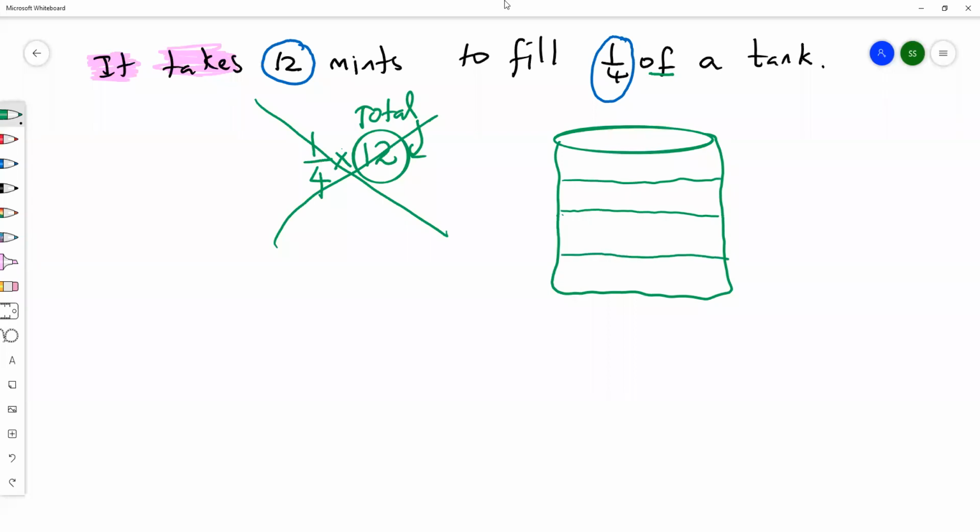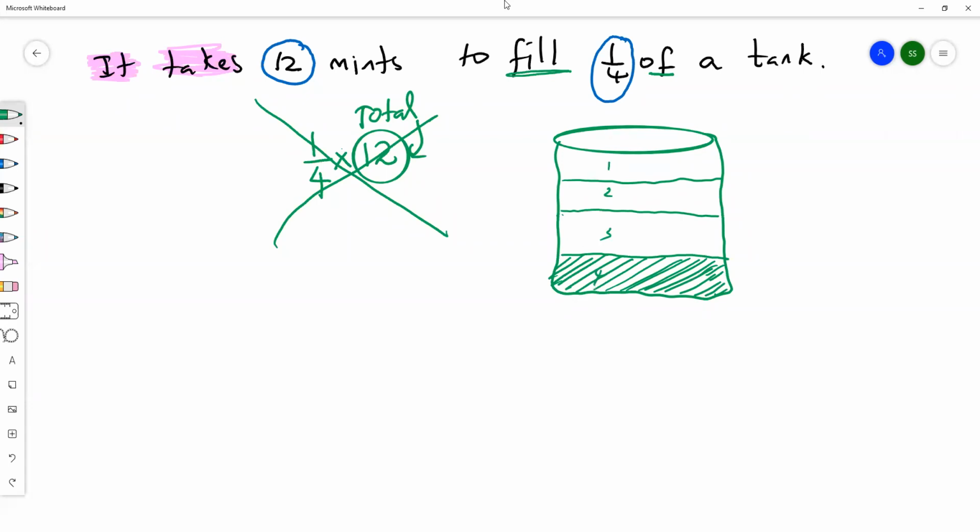So the tank is divided into 4 parts. Out of 4, one portion is filled. To fill one part, what is the time taken? The tank is divided into 1, 2, 3, 4 parts.